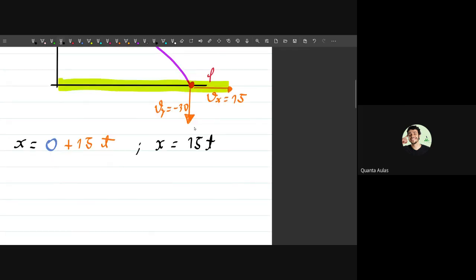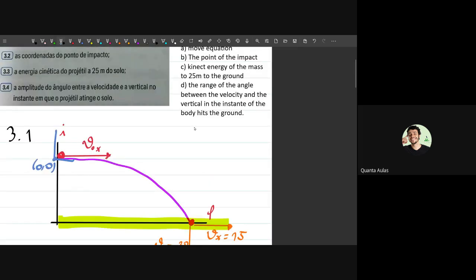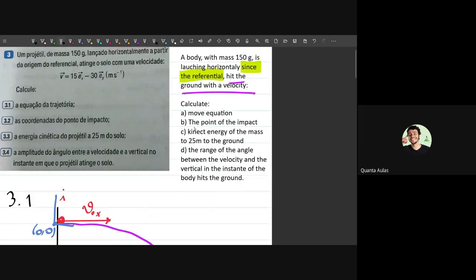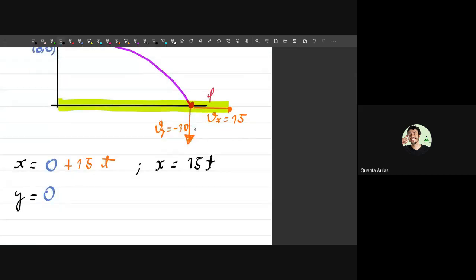So in y, we have that equation. I will just put the things here: 0, and y, our initial velocity in y. Our initial velocity in y is 0, because we have only a horizontal launch. So 0.